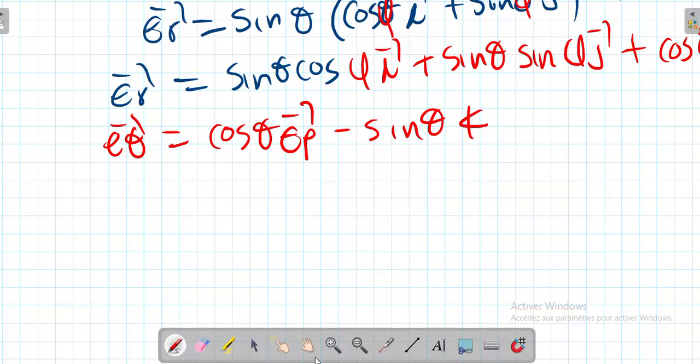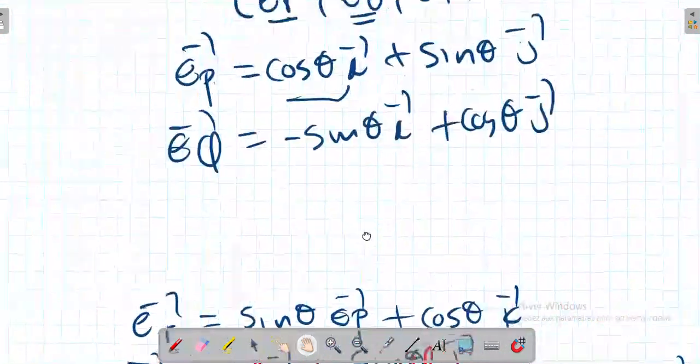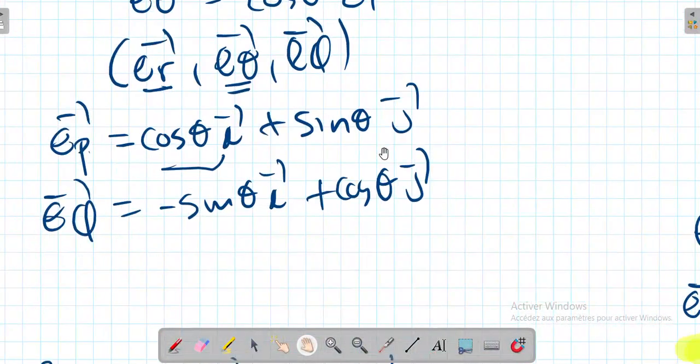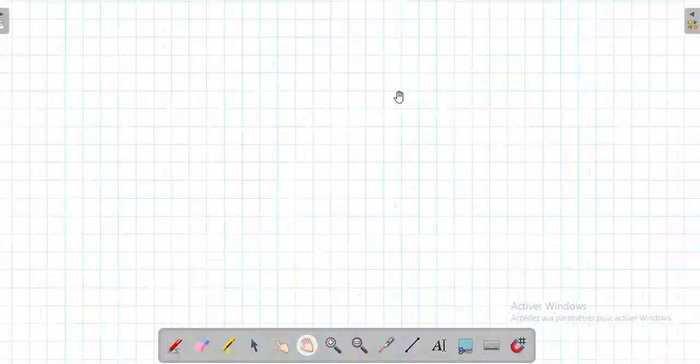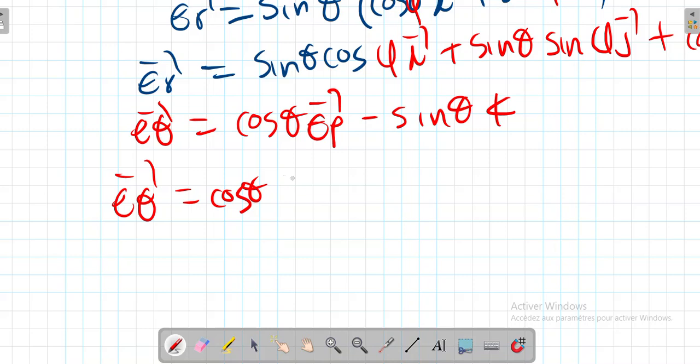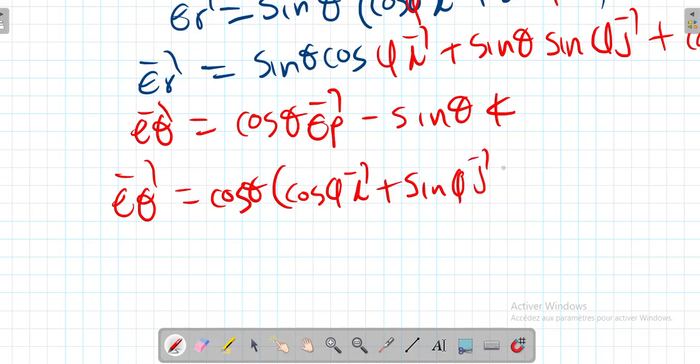So we're also going to replace it with an expression of E rho. What's the expression of E rho? E rho is cos phi in the direction of E plus sine phi in the direction of G, minus sine theta in the direction of K.